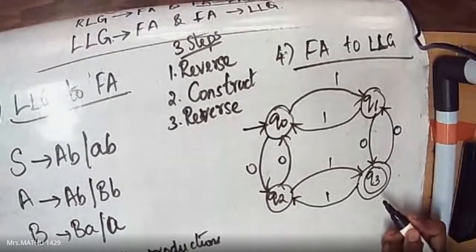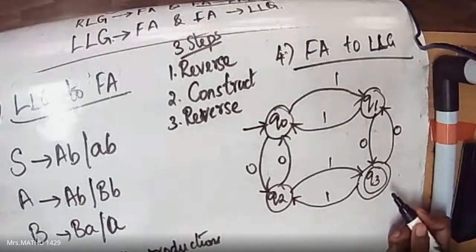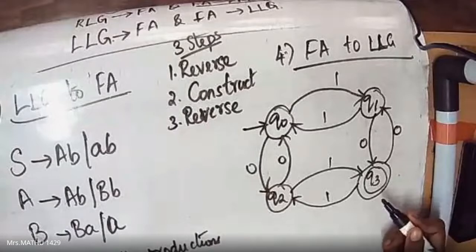Let us take this particular finite automata. Now this has to be converted into a left linear grammar.